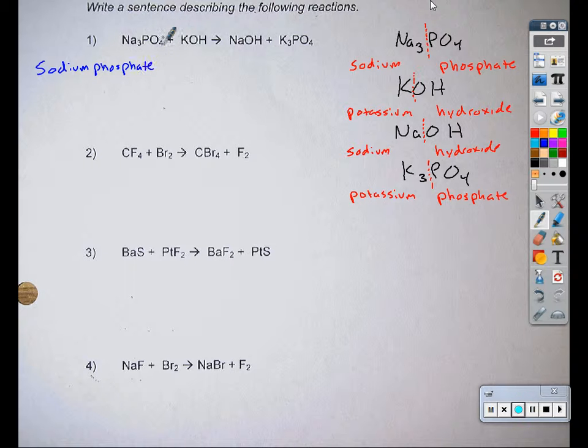The plus sign on the reactant side is to be replaced with "reacts with." KOH, we now know that's potassium hydroxide. The arrow we can replace with "to produce."